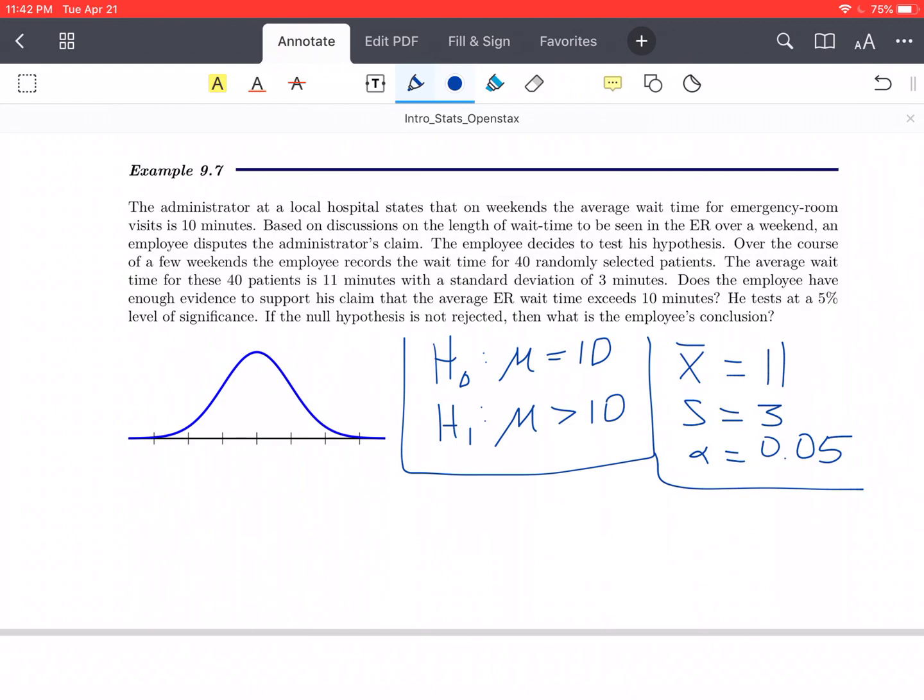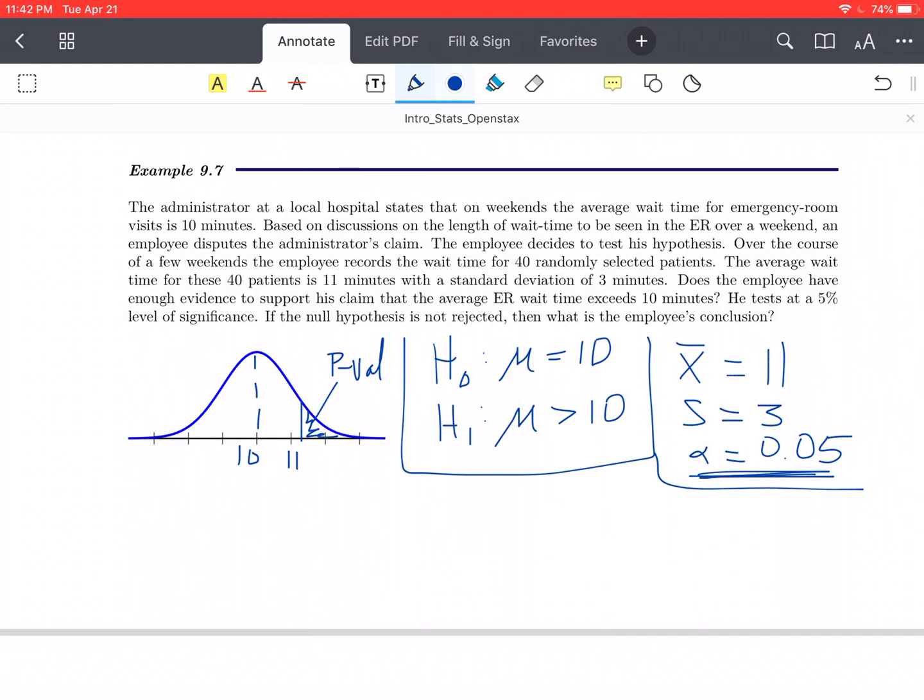Okay, so now what we're looking at, so here's, right, our assumed mean is 10, somewhere up here is 11, and this probability, that's our p-value. And we need to determine if the p-value is going to be greater than the alpha value of 0.05. If it is bigger than alpha, then we say it's not that unusual, it's still within kind of our regular range, so we don't reject the null.